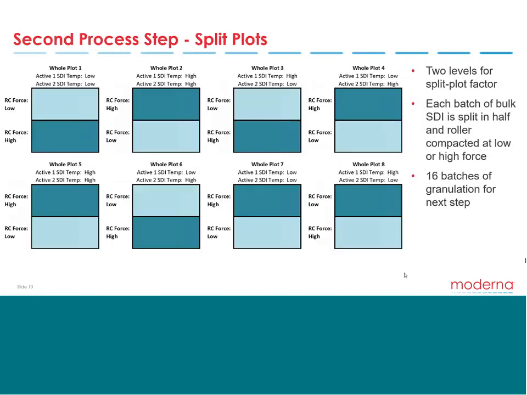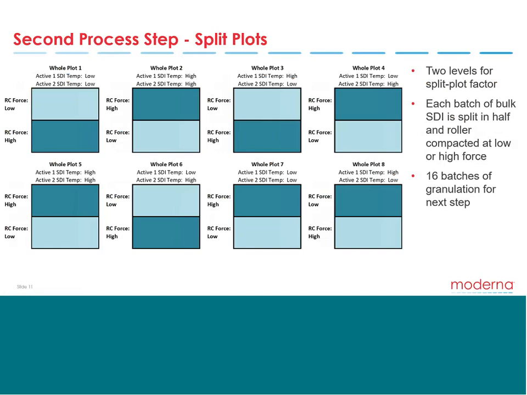The second process step is to make the granulation. In this case, we're only looking at roller compaction force as our only factor, and we're going to do this also at 2 levels, a high and a low level.